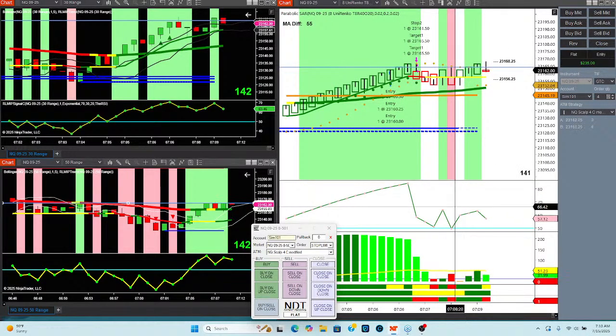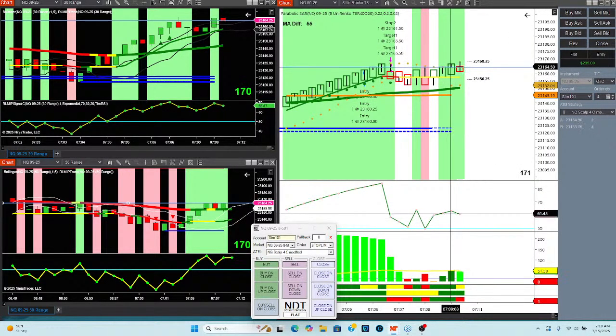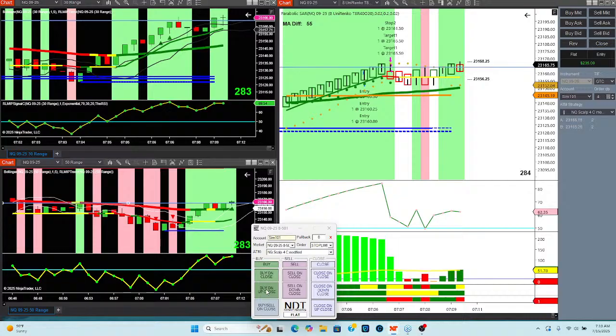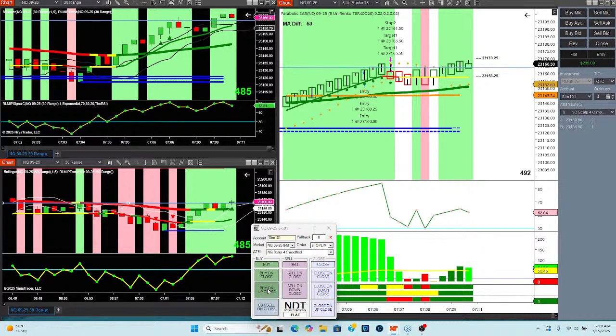When it starts getting choppy like this, it gets a little more difficult to do this C signal trade. Order filled.